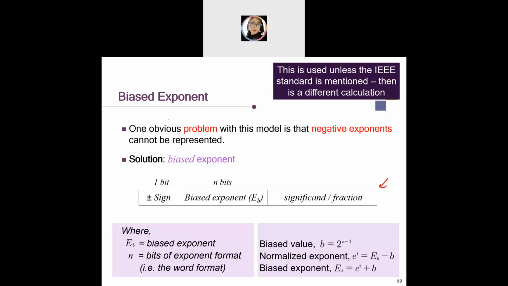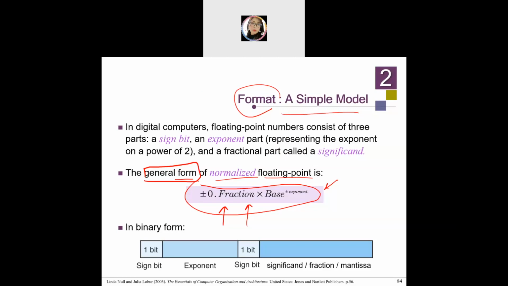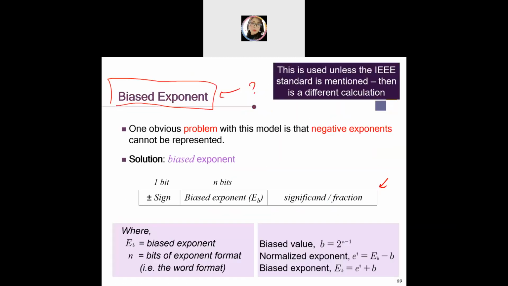In this next subtopic about biased exponent, why do we need a biased exponent? Because just now we already had our format with an exponent. Why do we want it to be a biased exponent? This is used unless your IEEE standard is mentioned. Please make sure you remember, if the question mentions the IEEE standard, you cannot use this.